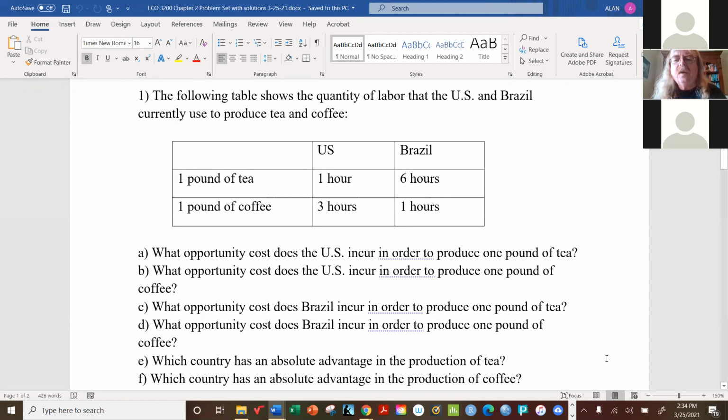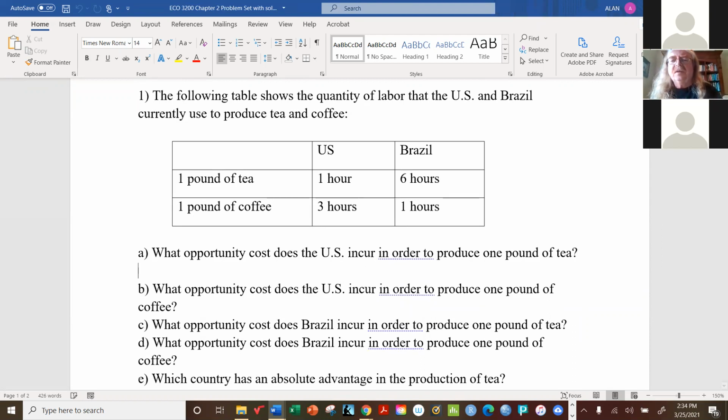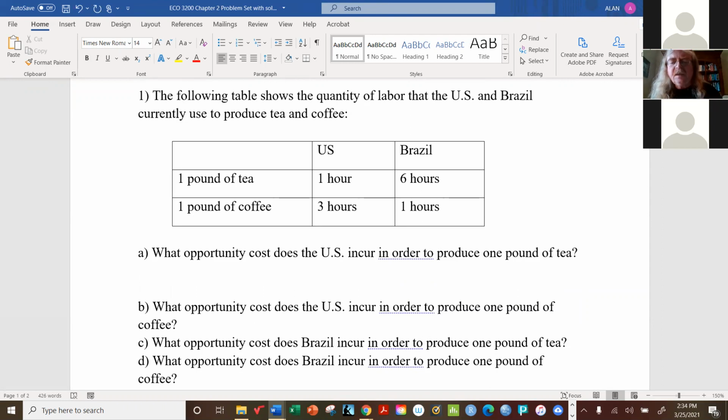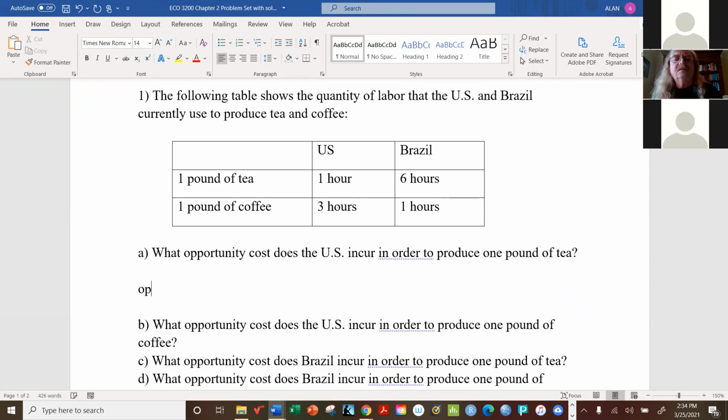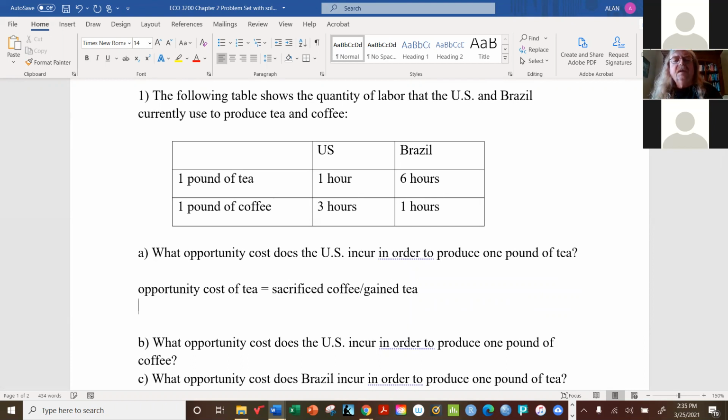So why don't we begin here with the opportunity cost that the US incurs in order to produce a pound of tea. Now remember that with opportunity cost, what you're actually calculating is the sacrifice of the other good. In other words, here it's sacrificed coffee over the gained tea. Now, how do we know? Well, let's think about this. In order for the US to make a pound of tea, it has to give up 1 hour of labor.